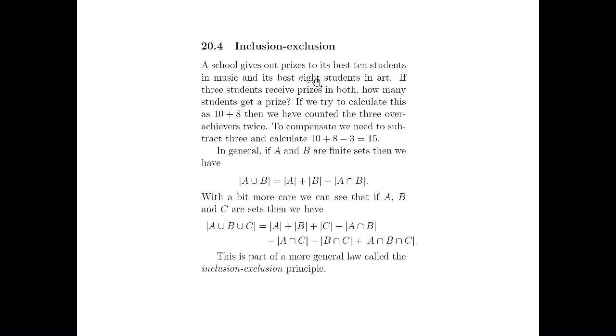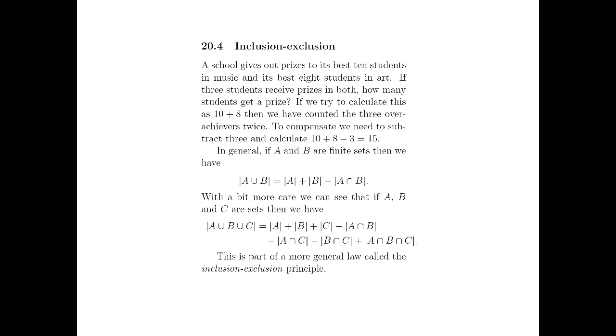then if there's 3 students that receive prizes in both, right, you've got these 3 overachieving nerds, then if you sort of think to yourself how many students got prizes and you say 10 plus 8, then you've overcounted, right?